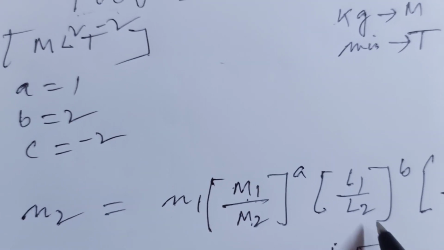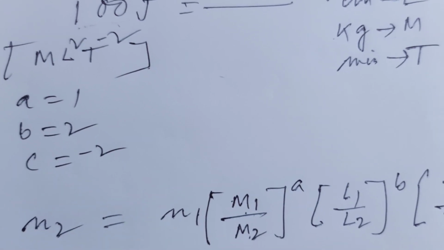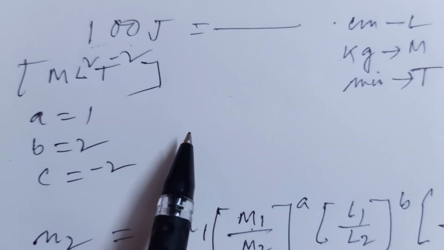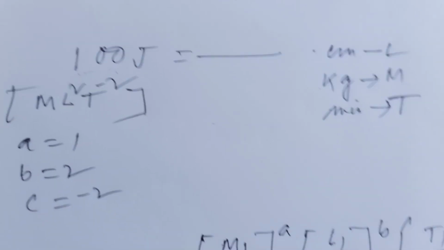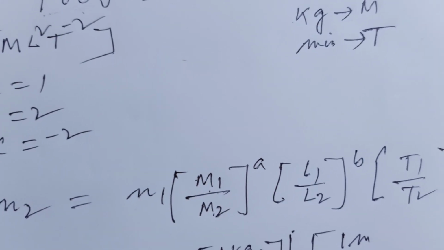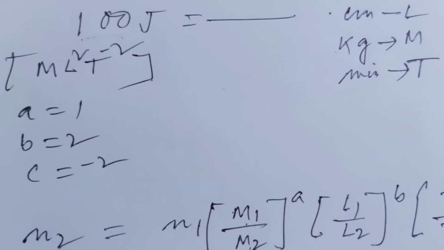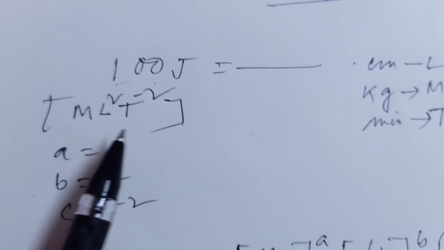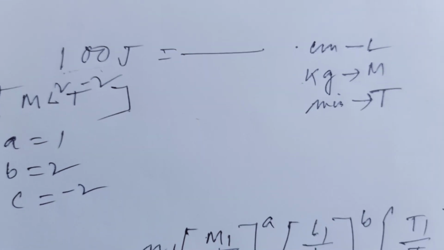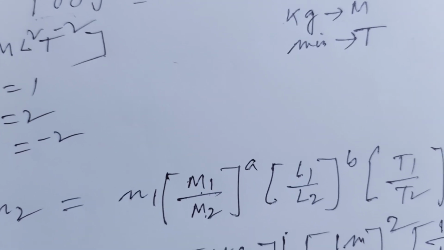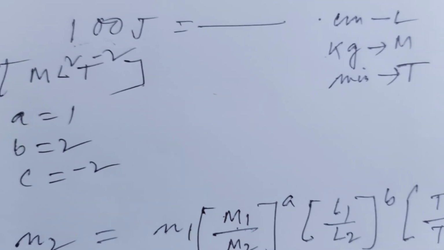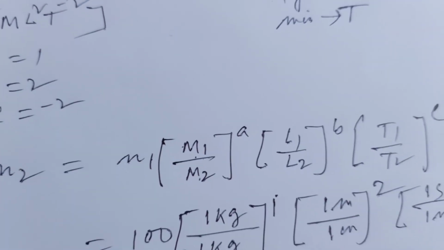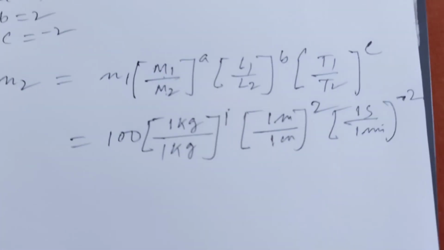Length in that system is meter, here it is centimeter, so 1 meter by 1 centimeter to the power of b, here 2. Time in joule is second, but in this system it is minute, so minute to the power of c, where c means minus 2.